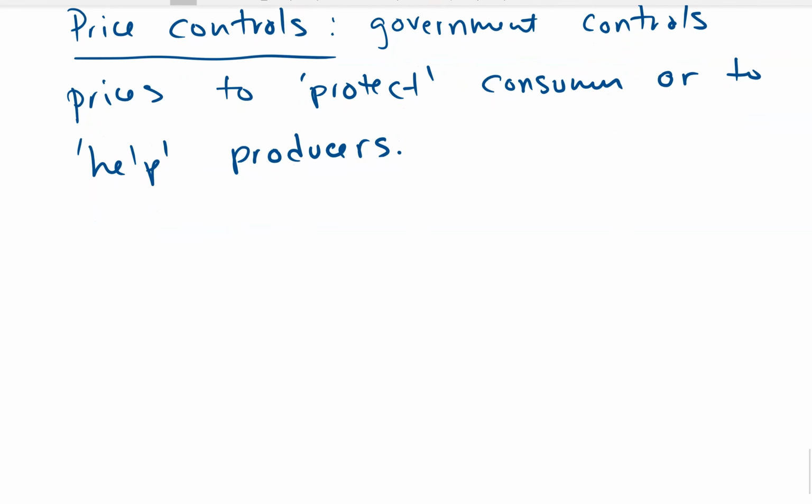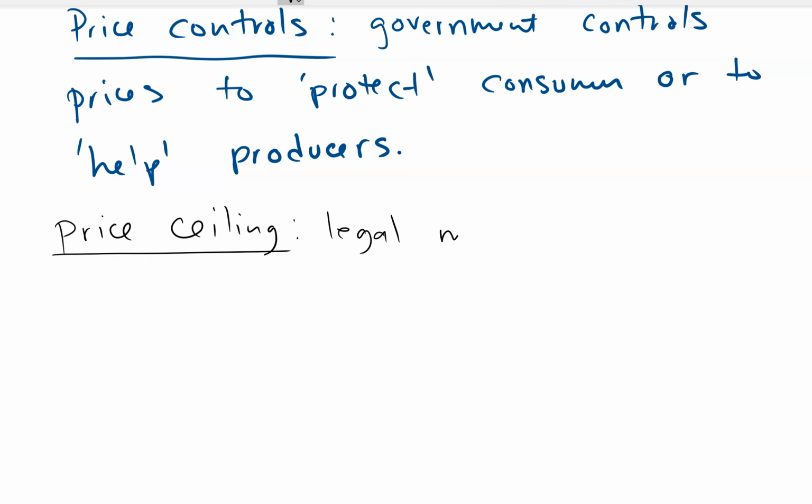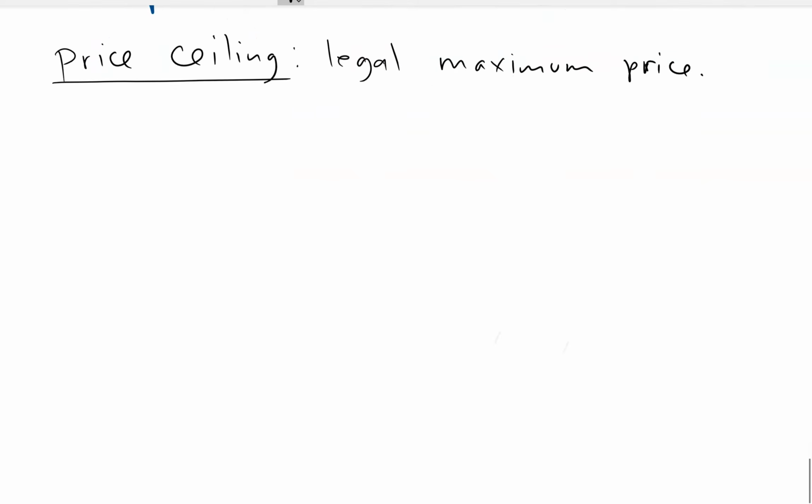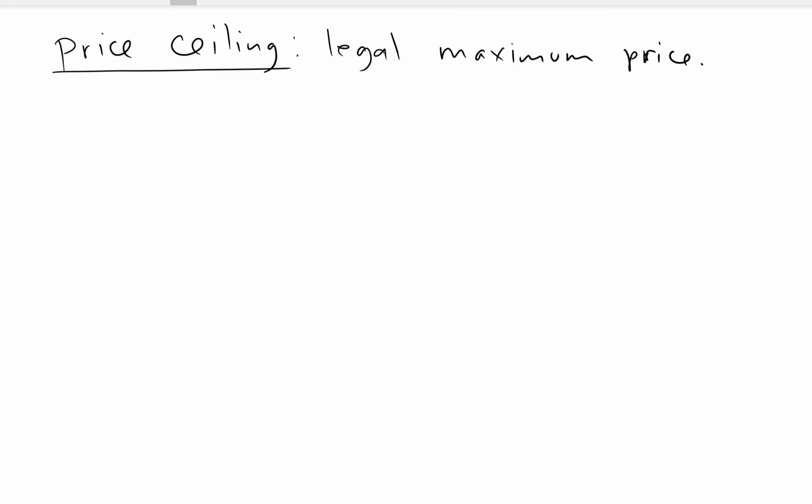In this first one, we just want to look at one side of this, and this is something called a price ceiling. A price ceiling is a legal maximum price. Later on, I'll post another video which relates to a different kind of price ceiling. But let me just start with a super simple example. Suppose the government is concerned about food prices.